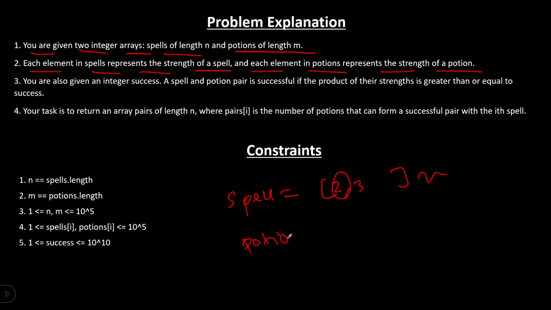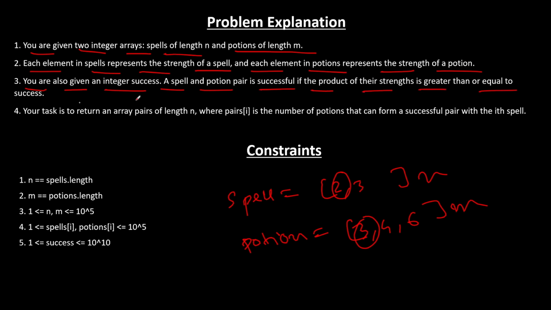Similarly, for the potions, you have a list of size n, and each value represents the strength of the potion. You are also given an integer success. A spell and a potion pair is successful if the product of their strengths is greater than or equal to the success.